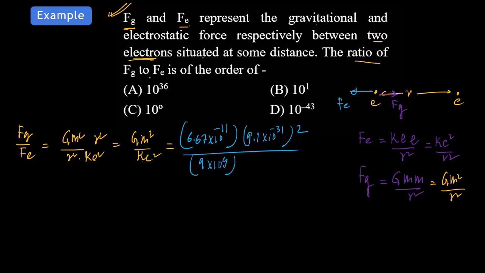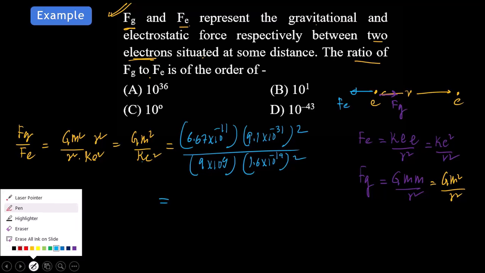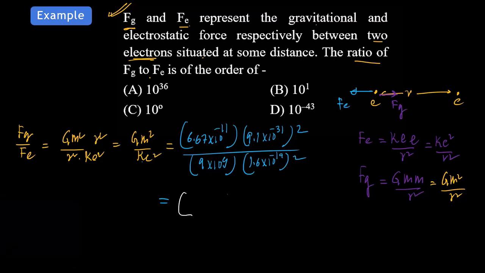What is e? e is the electronic charge, that is 1.6 into 10 to the power minus 19, whole square. Okay. So first forget about the constant part; some constant part will come. Adjust the power of 10. What is the power of 10? Initially it is minus 11. Then from here it becomes minus 62. In the denominator 10 to the minus 19 comes to the numerator, so plus 28.